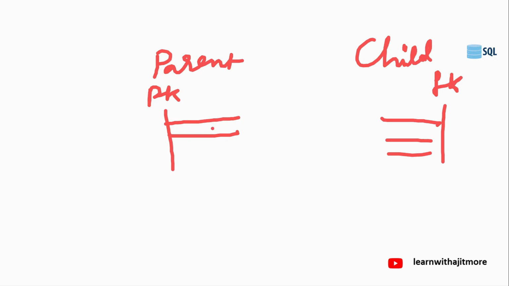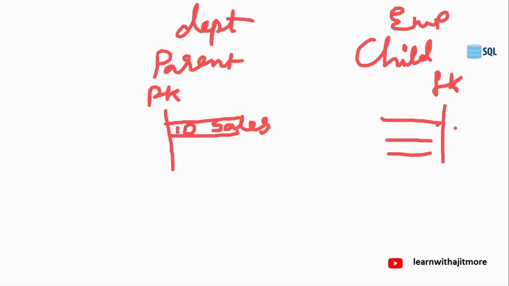Like you are deleting some record from the parent table, like if this parent is the department table and child is the employee table, and from that department you are deleting some department number 10, sales suppose, and there may be many employees who belong to department number 10. So if I'm deleting that department and there are referenced records in the child table, then what action to take? Whether automatically the child record should also be deleted when the parent record is deleted.